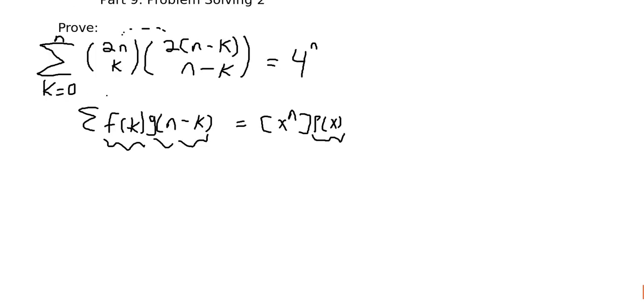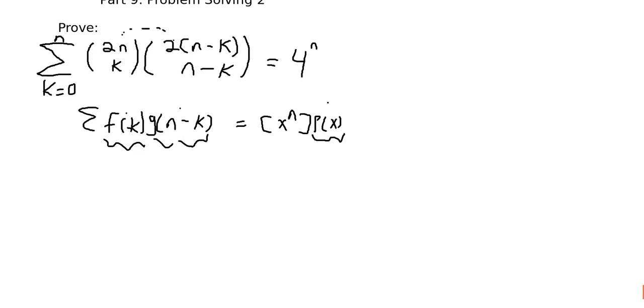And so, as it turns out, what this is saying is that we have some polynomial p of x whose nth term is always 4 to the n. So we can see if we can find that. What we're saying is that that is equal to this sum, which means that basically the product of the generating functions for f and for g has to equal that polynomial.